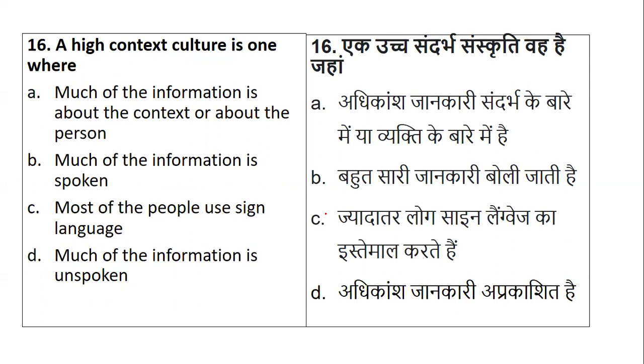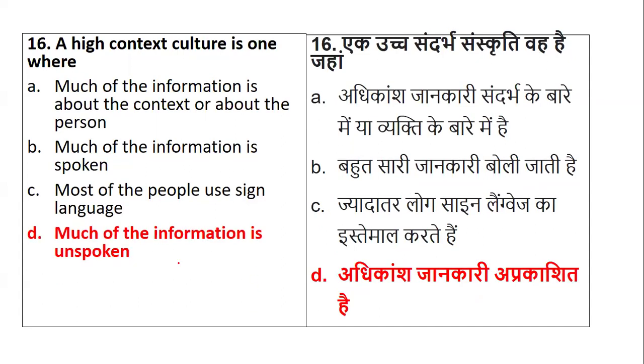When we say high context, the information is unspoken, because here you use a lot of body language. So I've given you a very clear meaning of high context and low context: low context relies on words, high context relies on body language, right?